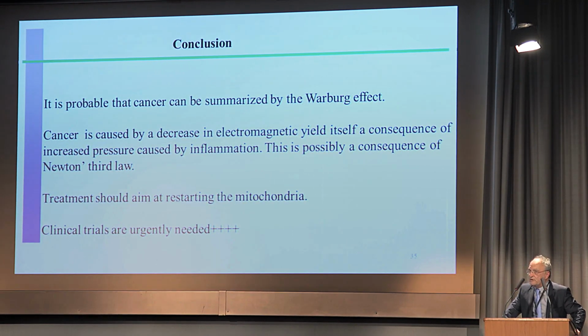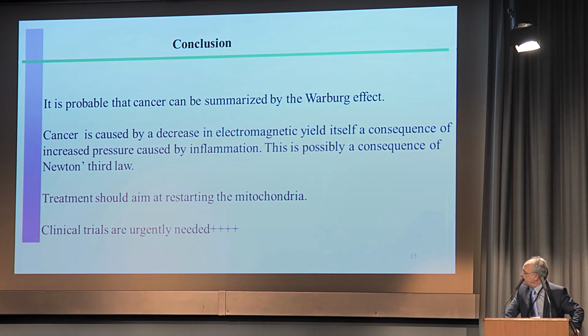And treatment should aim at restarting the mitochondria. The drugs available are multiple. You can use DON, you can use lipoic acid, hydroxycitrate, hypochlorite. You have multiple treatment options. It's obvious that for the patient and for everybody, clinical trials are needed urgently.